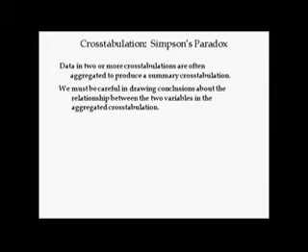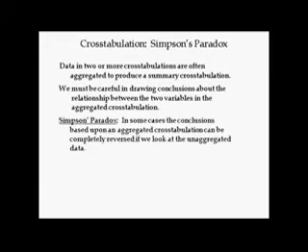One must be very careful when drawing conclusions about the relationship between two variables in an aggregated cross tabulation because of a phenomenon called Simpson's paradox. Simpson's paradox is a situation in which the conclusions based upon aggregated cross tabulation can be completely reversed if we look at unaggregated data.